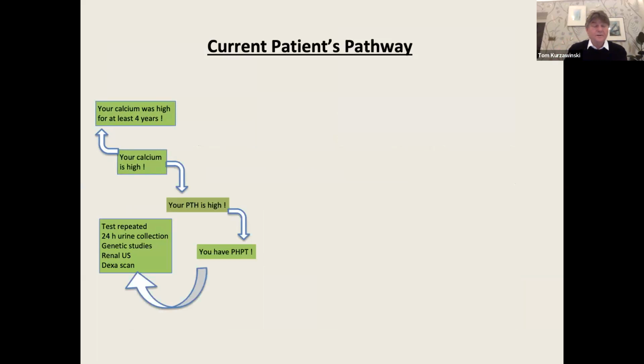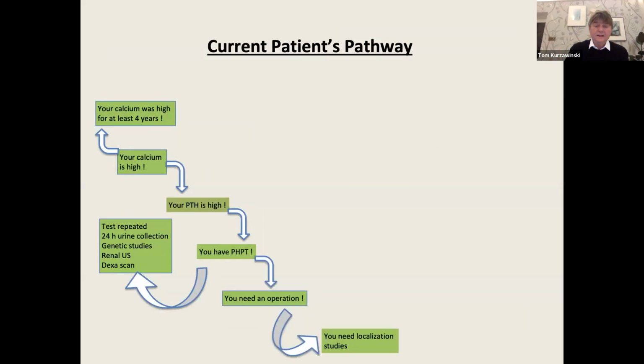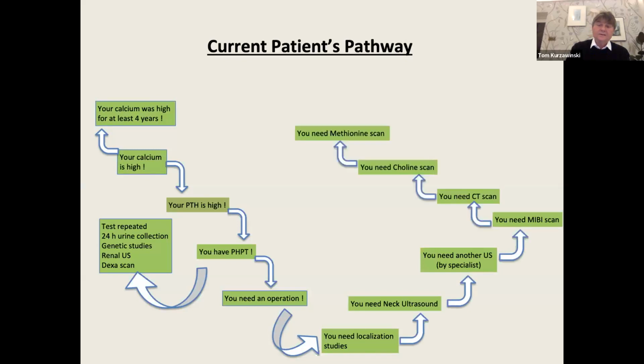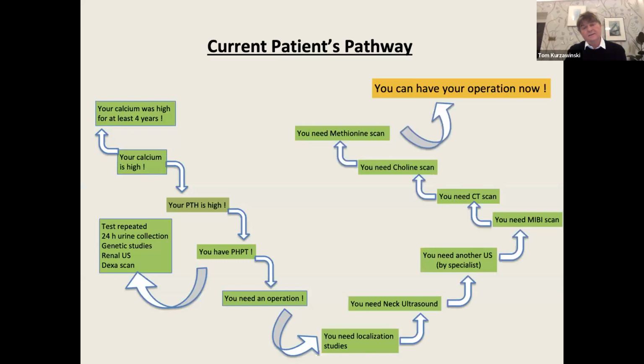And then it's 24-hour urine collection, sometimes genetic studies, DEXA, and the renal ultrasound. You need an operation. Well, if you need an operation, you need a localization scan. You need an ultrasound. You need another ultrasound because the first one was done by somebody who was not very experienced. But if that ultrasound is not conclusive, then you need a MIBI scan, then you need a CT scan, then you need other scans, and then you can have an operation.